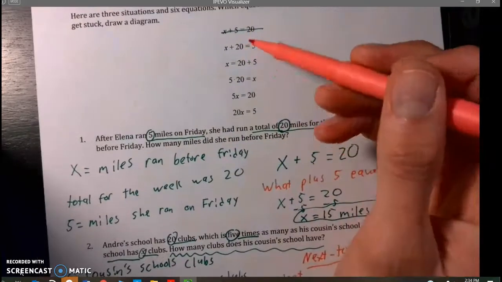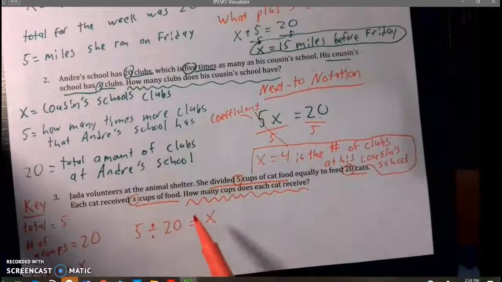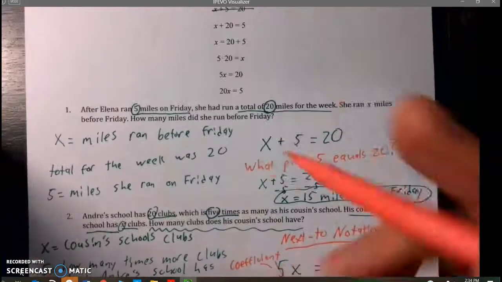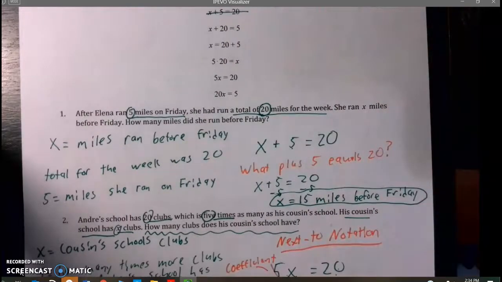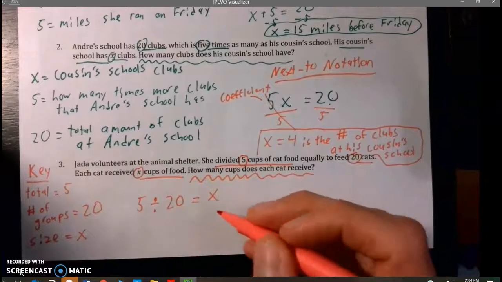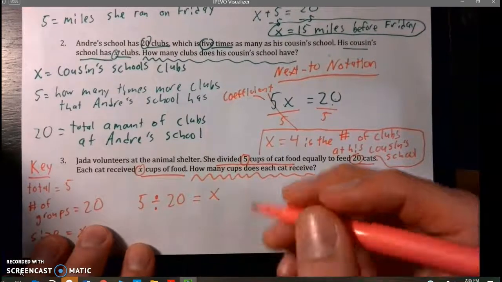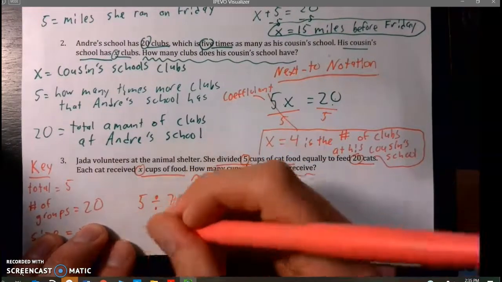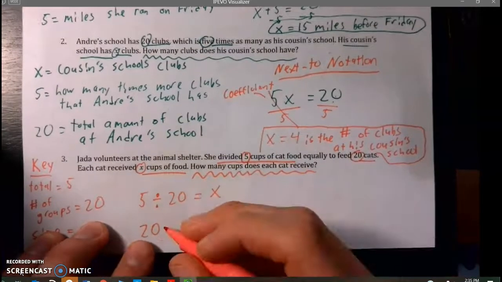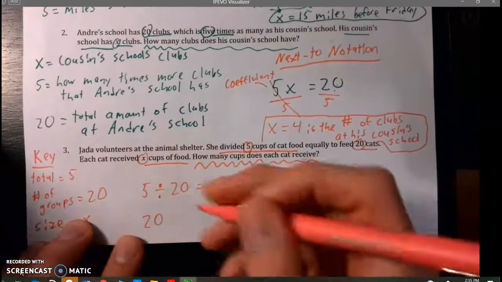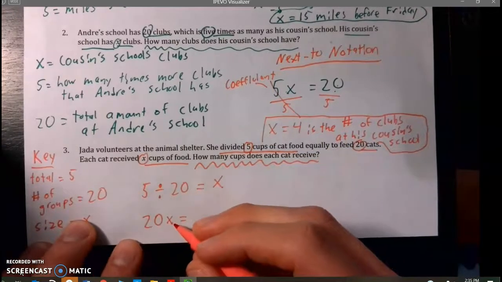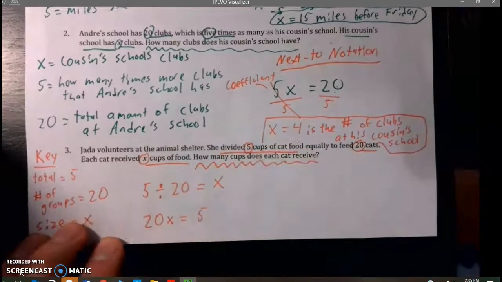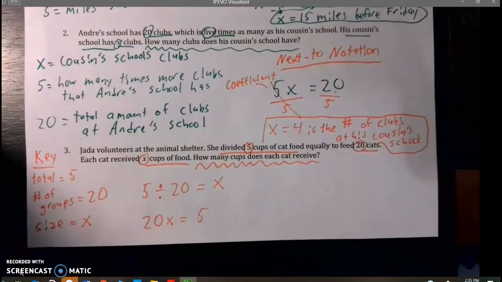So we're going to have to find out how else we could rewrite this based on one of these problems here. 5 divided by 20 equals x could also be written as 20 cats times the amount of food they get would also equal the total of 5.